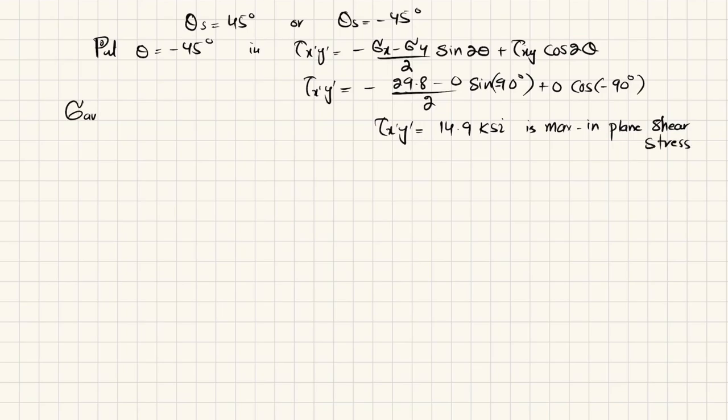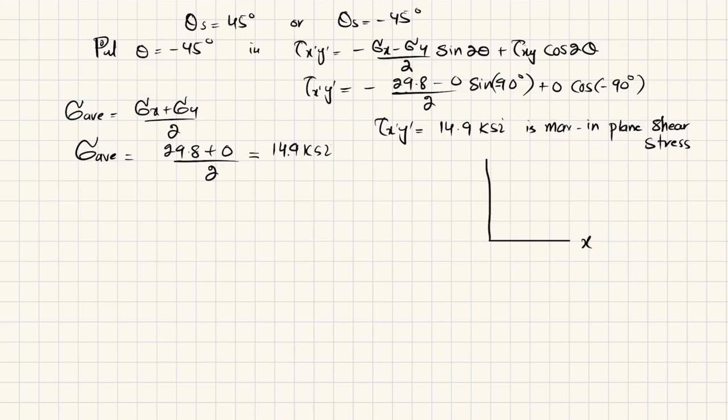Now the average normal stress comes out to be sigma x plus sigma y divided by 2. So 29.8 plus 0 divided by 2 will give you 14.9 ksi, and we will represent it on the state of element. So let this be your initial x, this is your y, and now the angle is minus 45 clockwise. So this is minus 45 degree clockwise, and this new transformed y axis will be y dash, which is this.